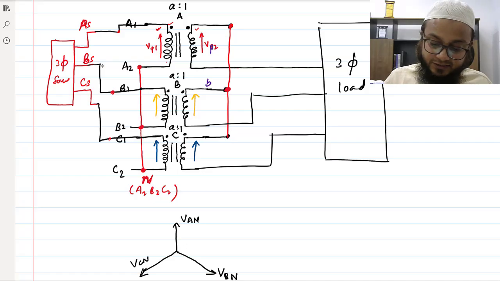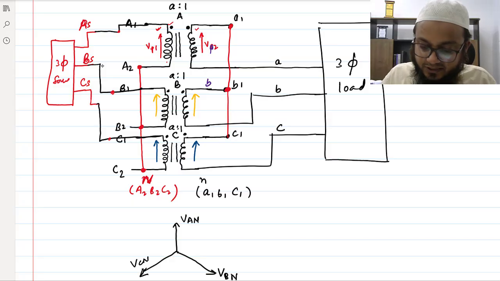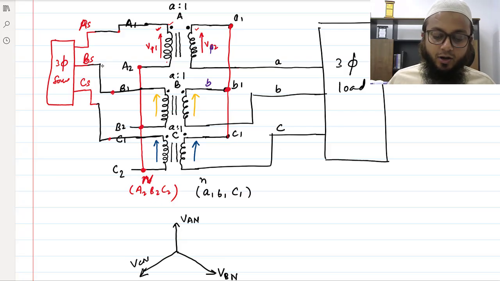If this is A, B and C, and you have shorted them, the neutral point is A1, B1 and C1. So what will happen if A1, B1 and C1 are connected? How will the voltages appear in this phase A of the secondary side?